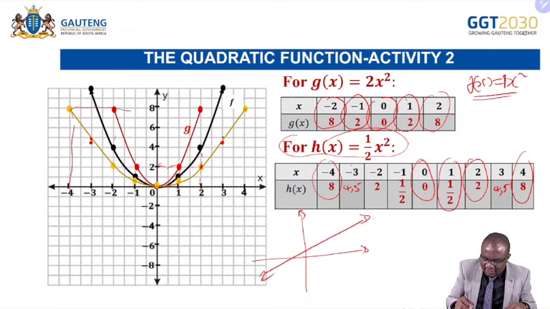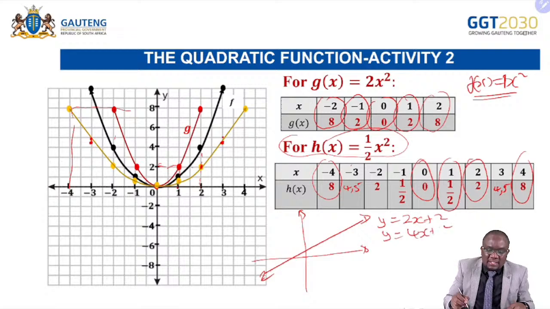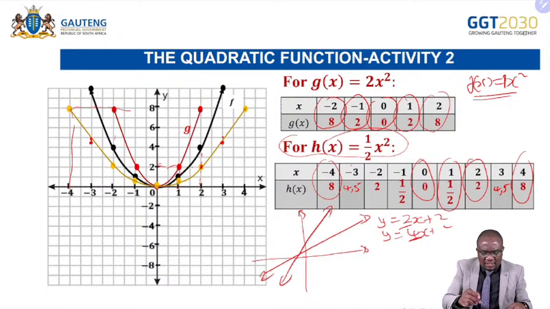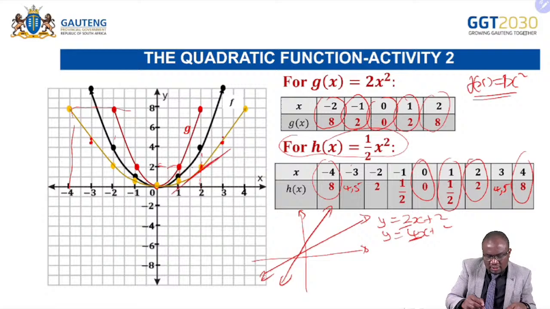But if I increase, this is y equal to 2x plus 2. If I increase this to 4 and say y equal to 4x plus 2, the gradient will increase. The graph becomes steeper. You see that? This is more gradual, this is steeper.